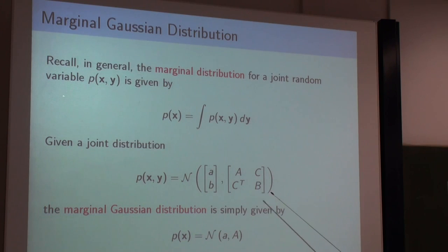Now if we want to project this normal distribution onto these first dimensions, then the marginal normal distribution is so simple. It's just the normal distribution with the upper part of the expected value and the corresponding sub-block matrix. It's so nice and easy.